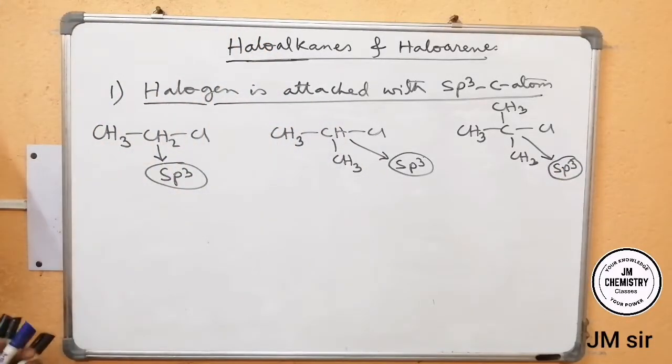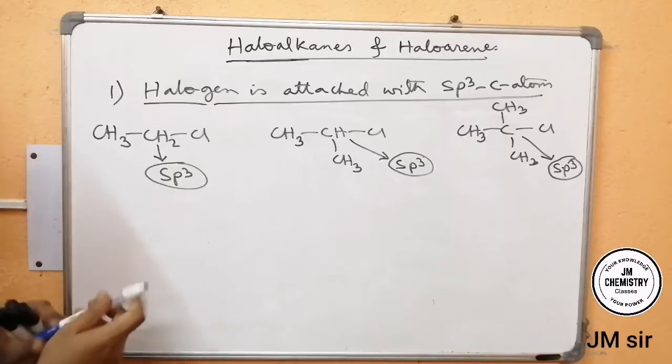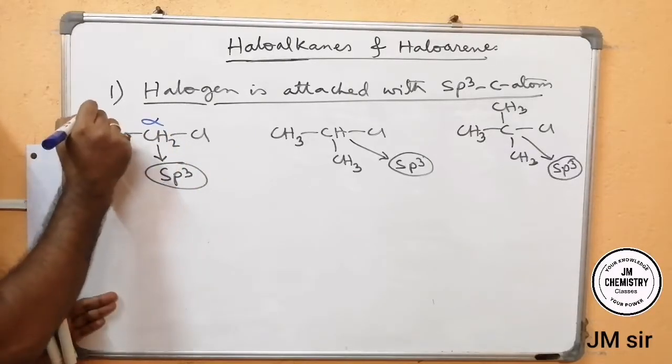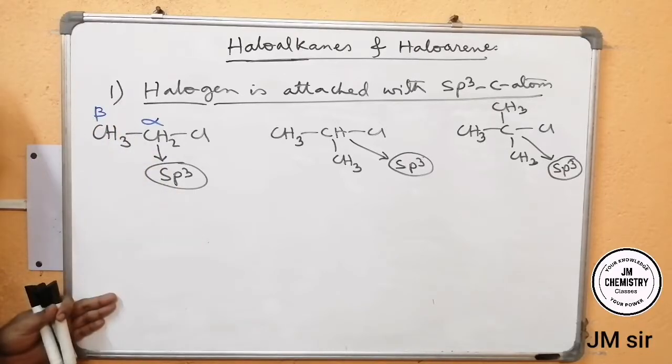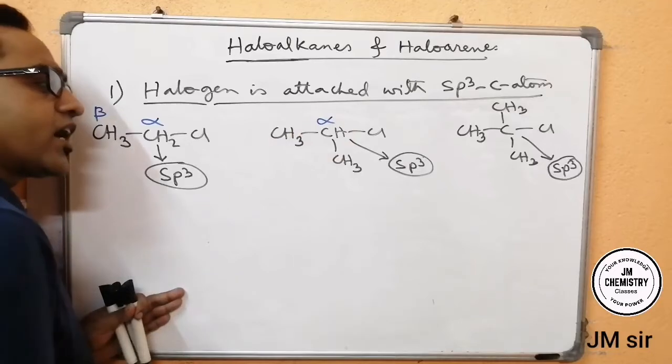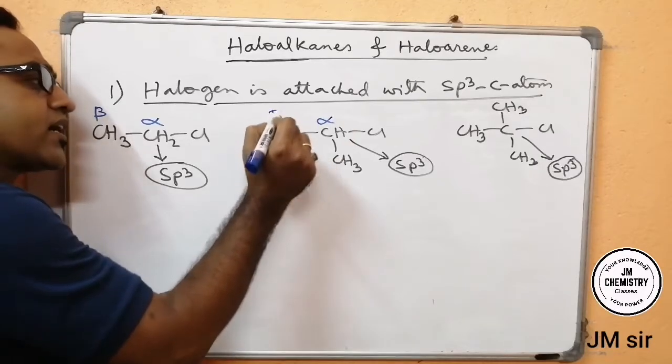Now the carbon which the halogen is attached with is called the alpha carbon, and the next carbon is called the beta carbon. Here the halogen is attached with this carbon, so it is called alpha carbon. The next one is beta carbon.